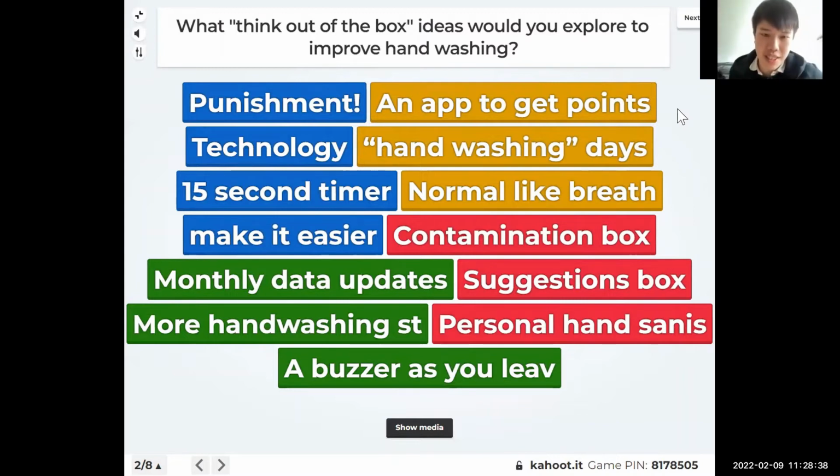Hi, I was typing the normal like breathing. I've heard a lot about the time constraint or the real situation about hand washing related to workload. And I was thinking if we are improving as for the leadership, actually we can make hand washing normal, like breathing. That's something you have to do to survive. And you guys have reminded me that physicians or visitors or even the administrative workers are part of the hospital.